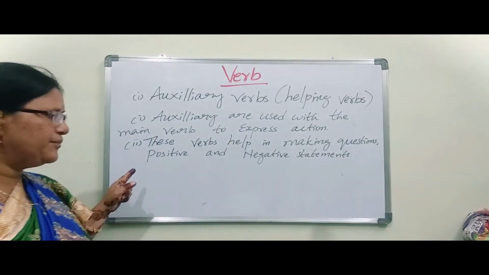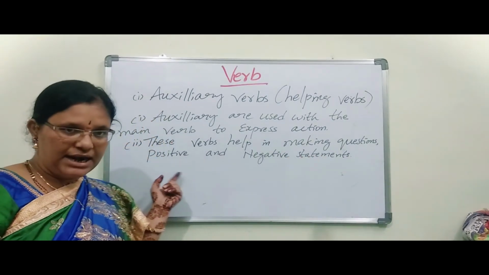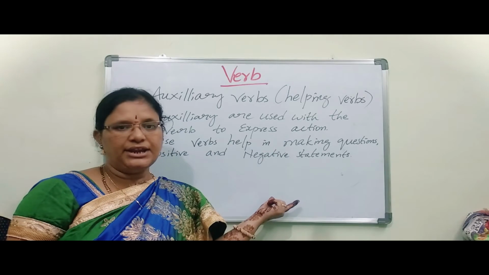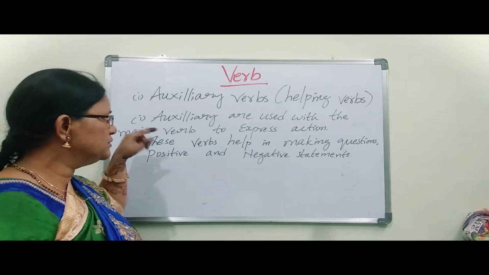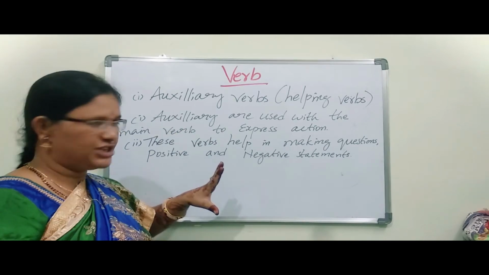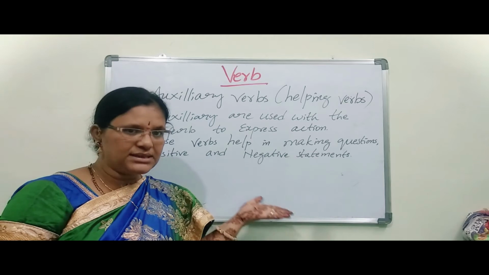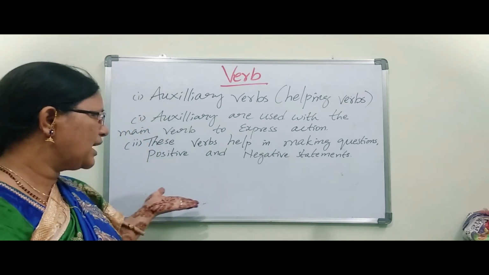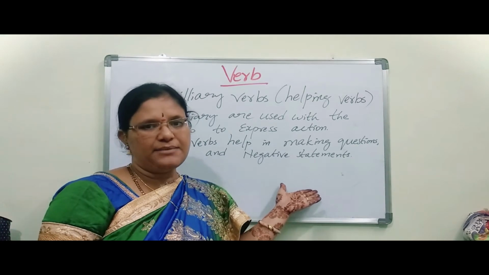So they are helpful to us in making questions and writing positive and negative statements. They are used to express action. With the help of these auxiliary verbs, we can write questions and positive and negative statements.